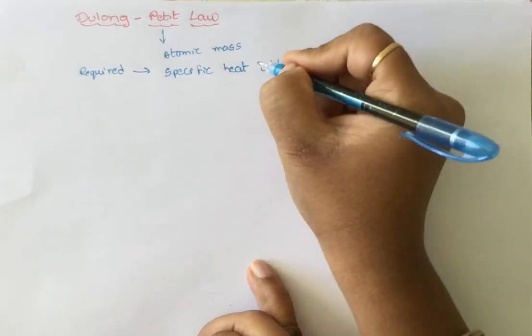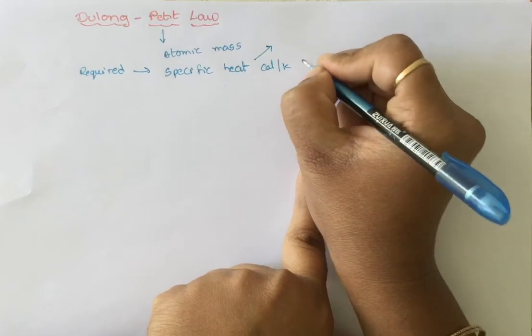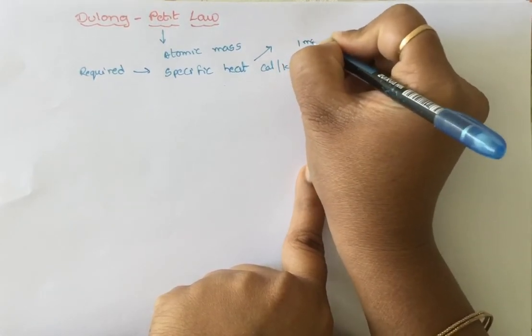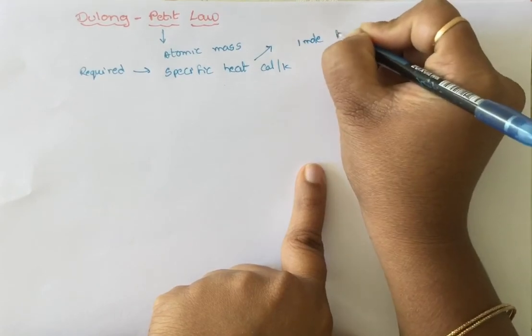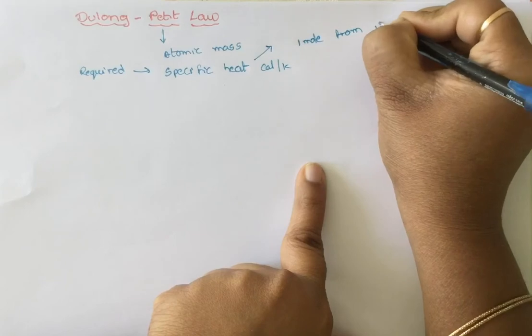So what is specific heat? Specific heat is nothing but the heat required to raise the temperature of 1 mole of a substance by 1 degree Kelvin.